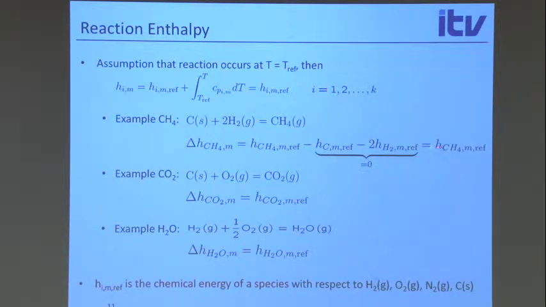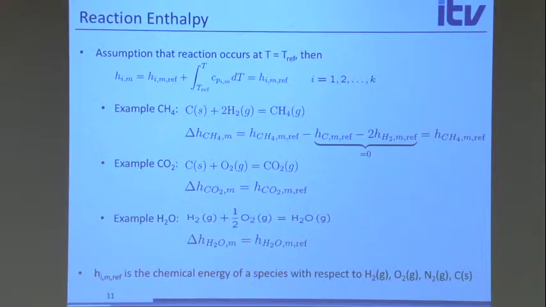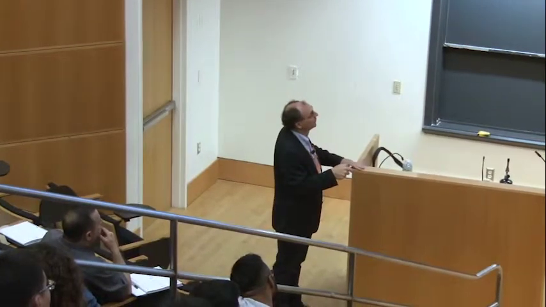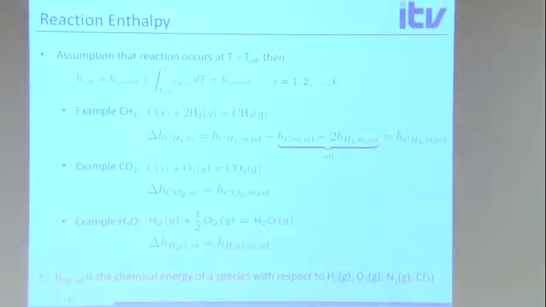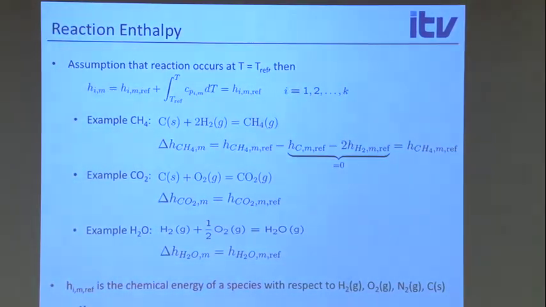And you see, these two are by definition zero, which means if I execute this reaction and I measure the released heat, it allows me to determine the reference enthalpy of methane. Okay, and that is now basically the reaction enthalpy.